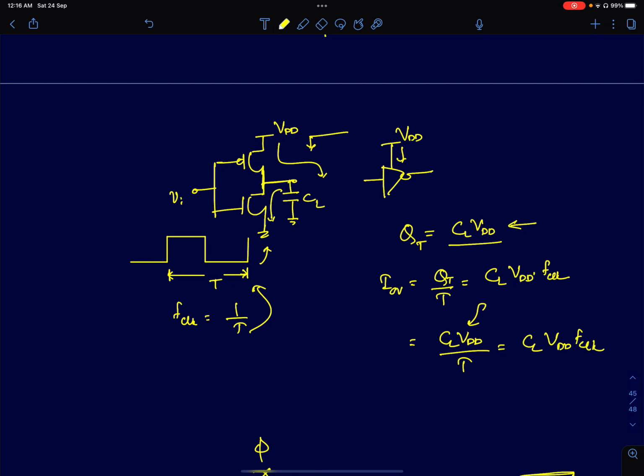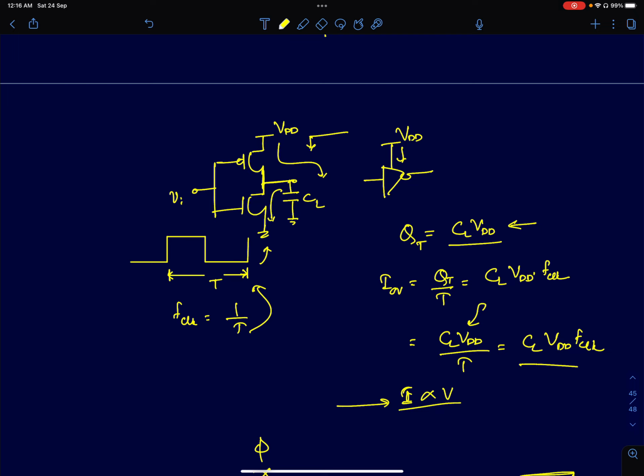Now we are aware of this result. A very interesting point is that the average current drawn, which we often call the CVF current, in a CMOS inverter is proportional to the supply. What does that tell me? If you have a current that is proportional to a voltage, then that's nothing but a resistive behavior.